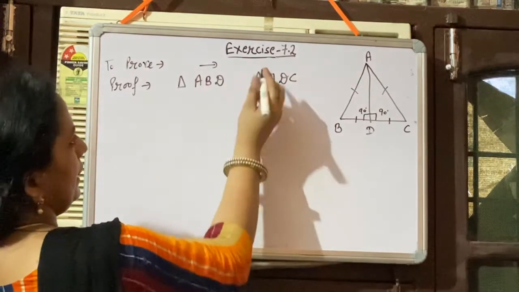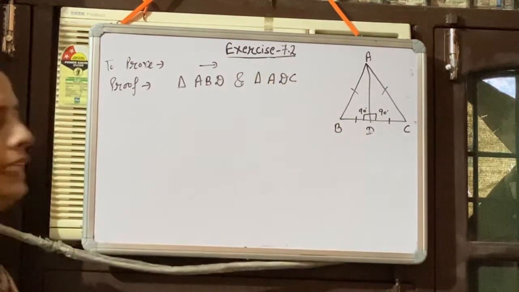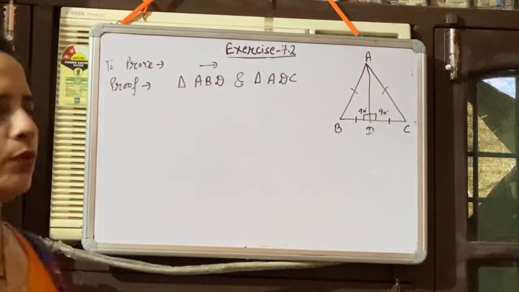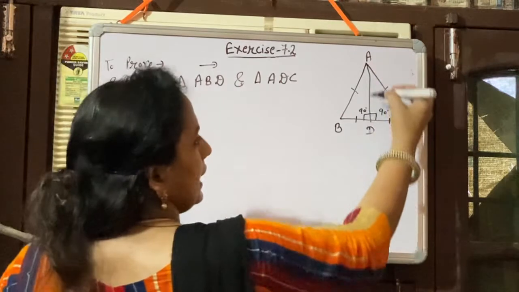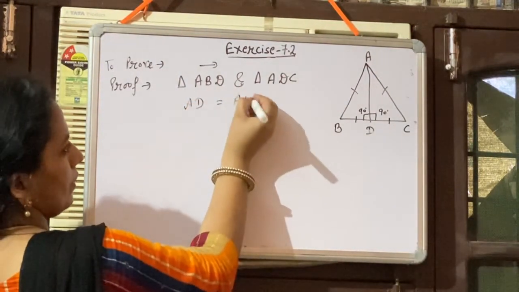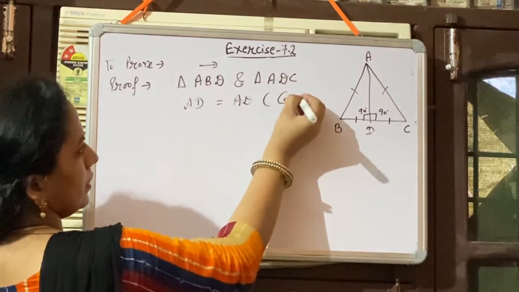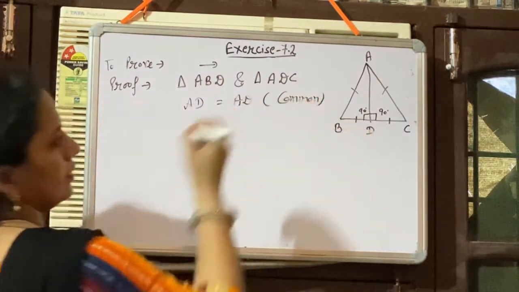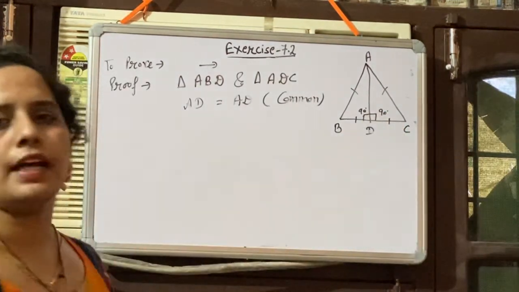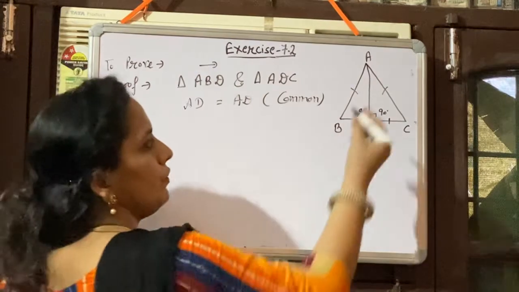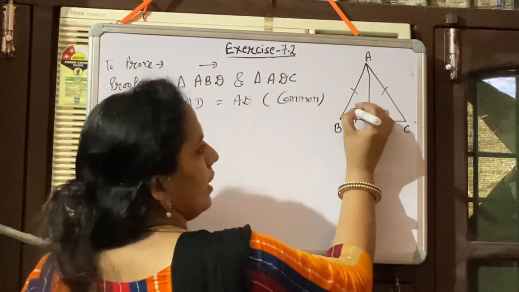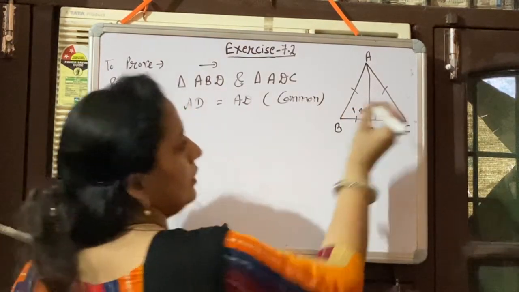Triangle ABD and triangle ADC. Now find three terms in these two triangles which are equal. First is AD, the side is common in both triangles. Next, both triangles have an angle of 90 degrees. If you don't want to write the complete name, you can mark here angle 1 and angle 2.